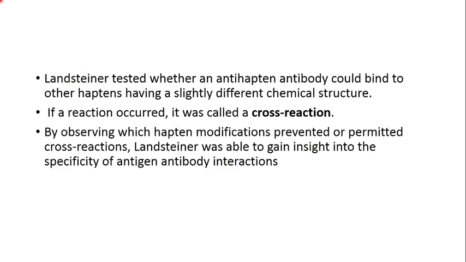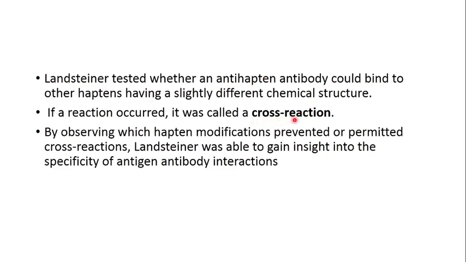Then, using a chemical method, he slightly modified that hapten and combined it with another carrier protein. So now we have a new, chemically modified hapten with a carrier protein. He injected it into the rabbit and checked whether the anti-hapten antibody could bind to the new chemically modified hapten.